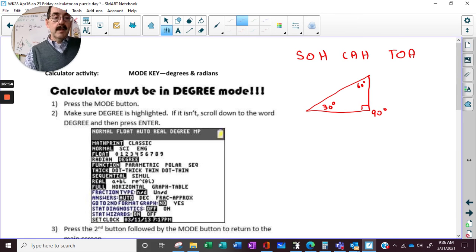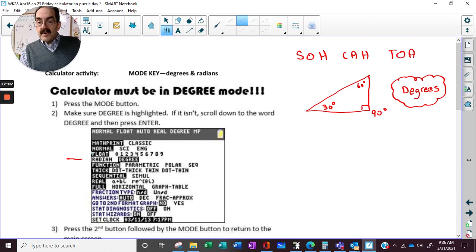They're all in degrees. But our calculator does not default to degrees. The calculator defaults to radians. So now, Mr. Miller's handing you this cheat sheet. Don't lose this cheat sheet. This cheat sheet will show you how to get to degrees.